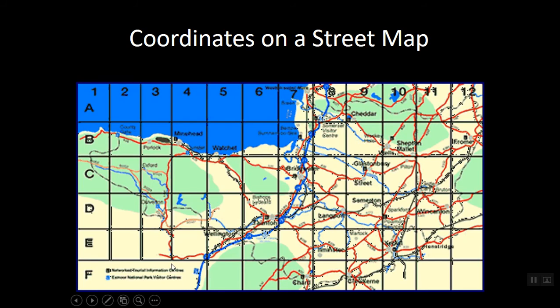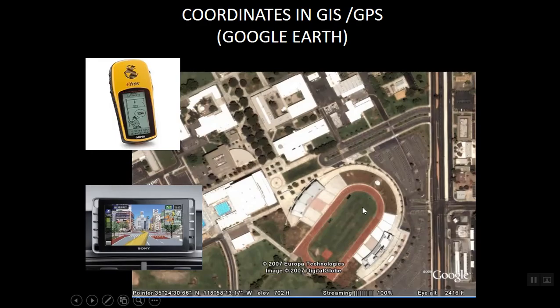And if I tell you I live in a town that's in 9D, well, you would go over to column 9, and you go down to row D, and you would know I live somewhere around there. Again, this is coordinates, right? Where is it in this direction? How far over is it in that direction? Even GIS and GPS and Google Earth and all these mapping systems we see online, they use a similar system, right, to locate where we are.